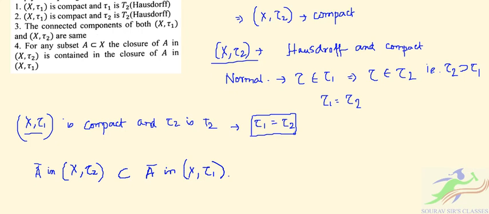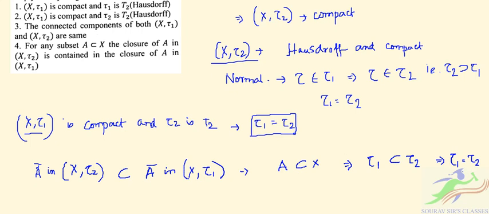So for any subset A that is a proper subset of X, it implies that tau 1 is also a strict subset of tau 2, and we know from this that tau 1 is equal to tau 2. So in our case option 4 is also correct.